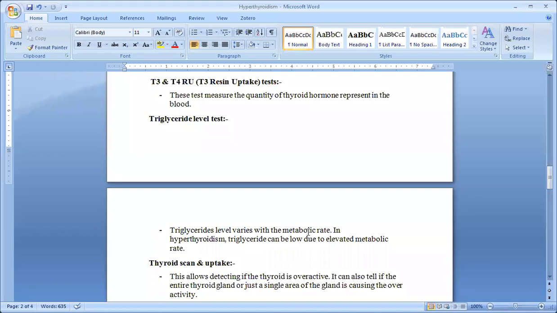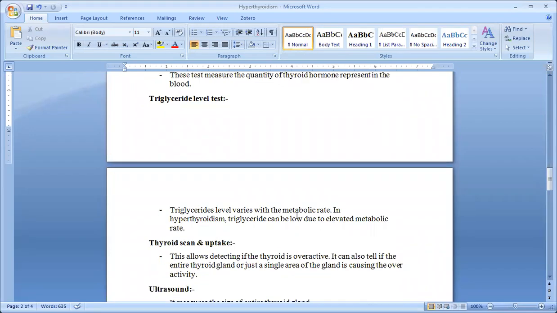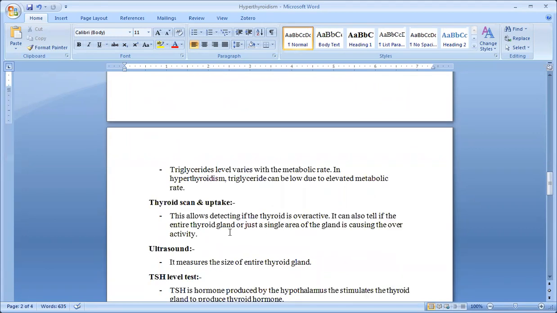If the metabolic rate is low, then what happens? The triglyceride level increases. It is inversely proportional. If our metabolic rate is low, obesity will develop, isn't it? But in hyperthyroidism, the metabolic rate is increased, and due to that the triglyceride level becomes low, inversely proportional. Okay, keep in your mind.